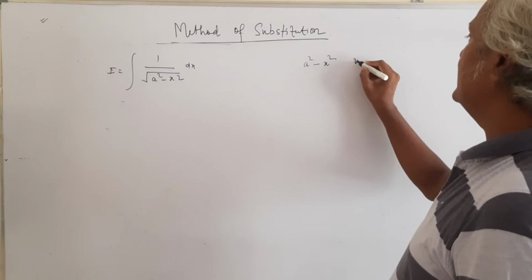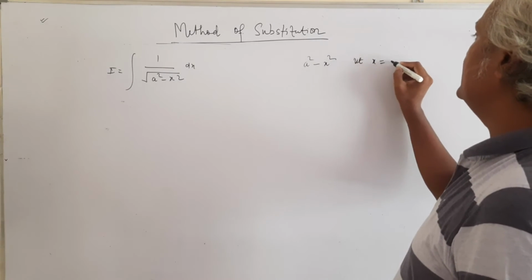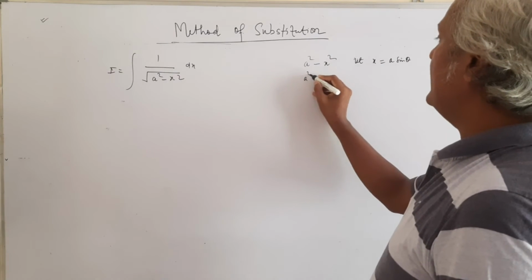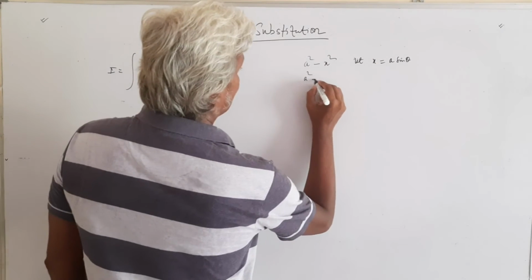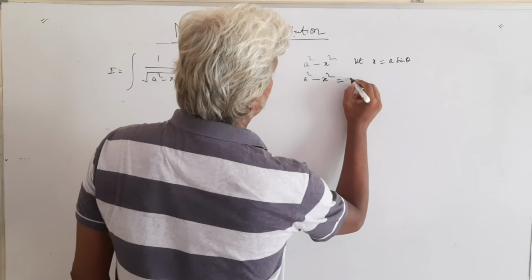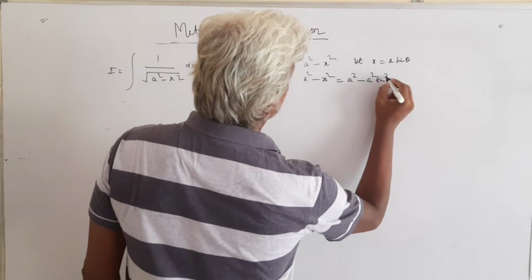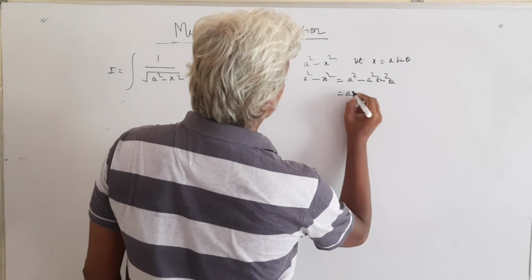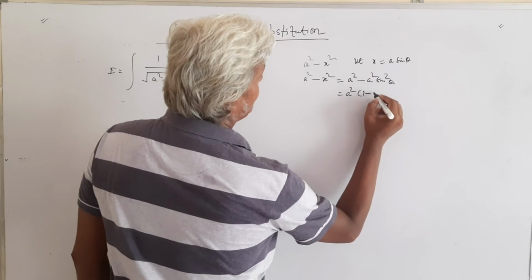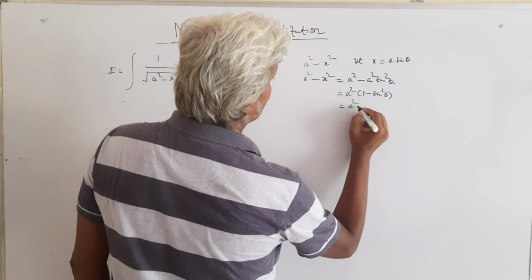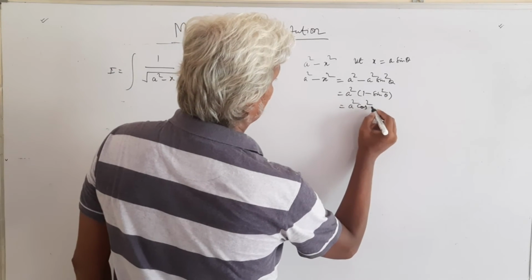So this a square minus x square will become a square minus a square sine square theta. Take a square common, this is 1 minus sine square theta, then take a square and this becomes cos square theta.